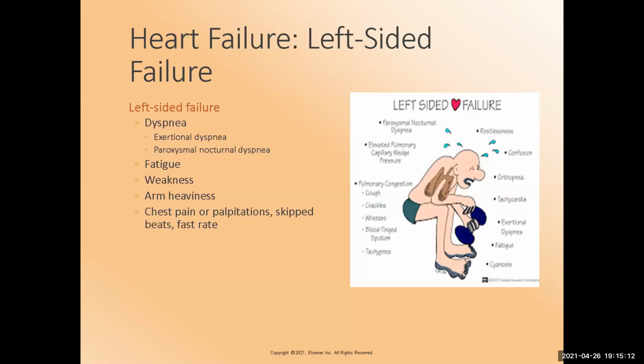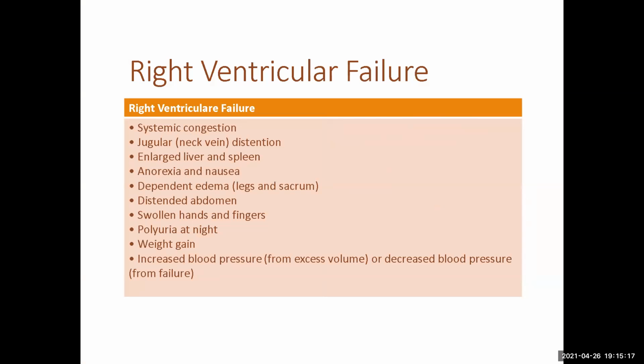Okay, so left-sided failure again, and this is just a cute picture to help you remember. Right ventricular failure. Again, if you go back to the Osmosis video that we saw, think about it, it's not backing up into the lungs, it's now backing up into the body, right?